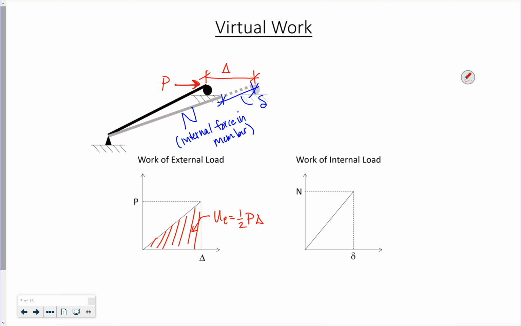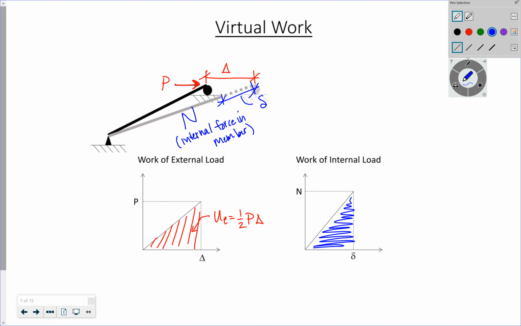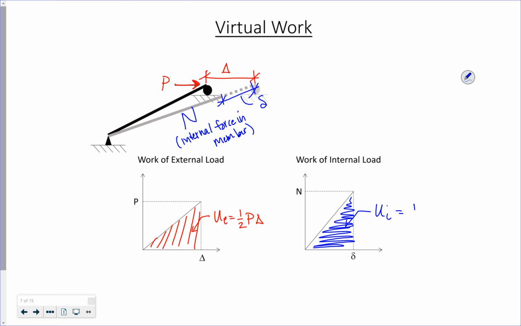Work of my internal load, UI, is equal to 1/2 my internal force times that elongation of the bar, delta, and UI I also figured out is equal to 1/2 N squared L over AE, that I just determined using the conservation of energy.